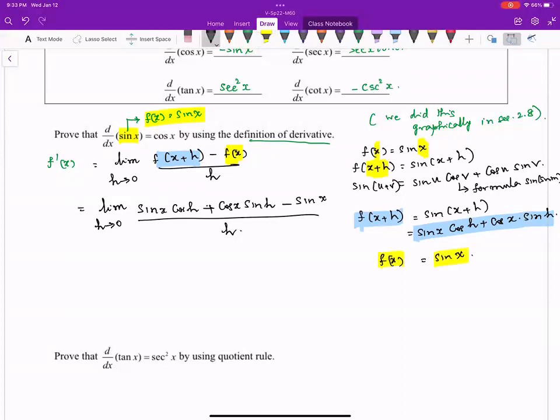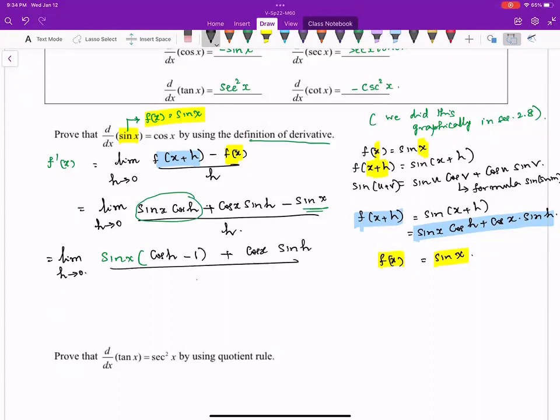All right, so now limit as h approaches 0. We will do some grouping here. You notice that in these two terms, sine x is common, right? So let's take the sine x out, and we'll write the rest of them, which is cosine h minus 1, plus the second term that we have, cosine x sine h divided by h.